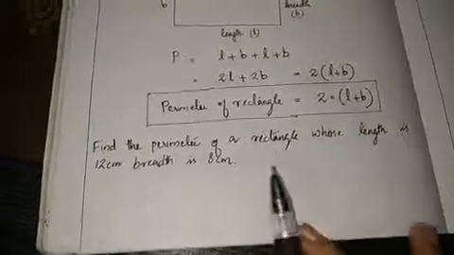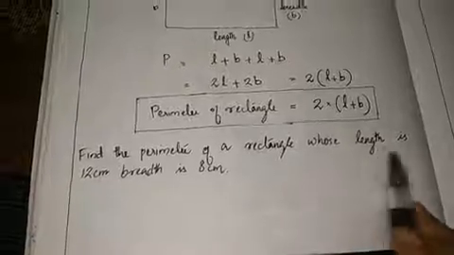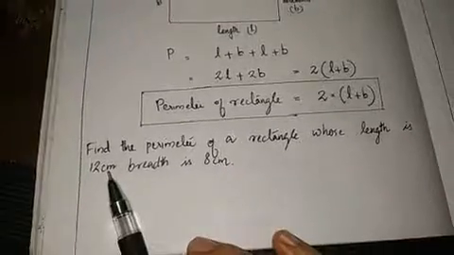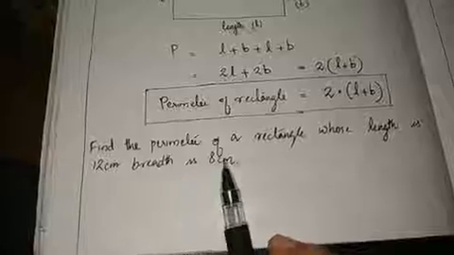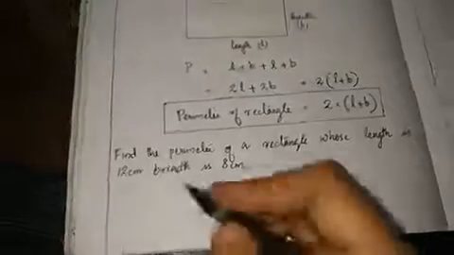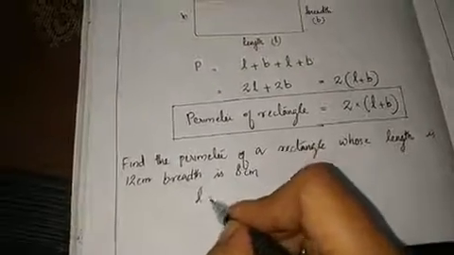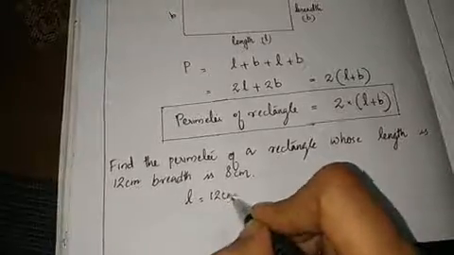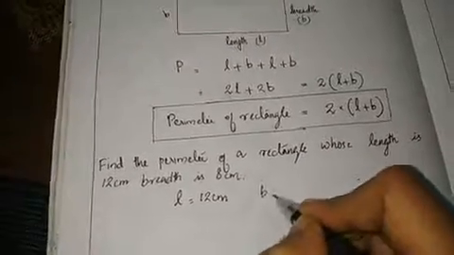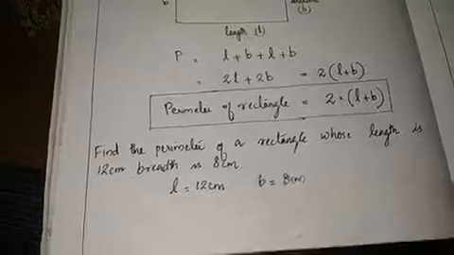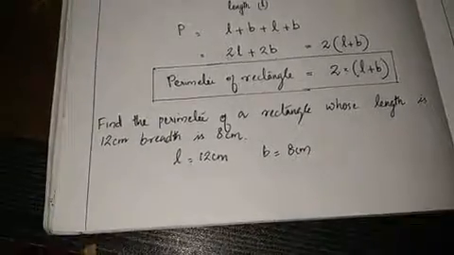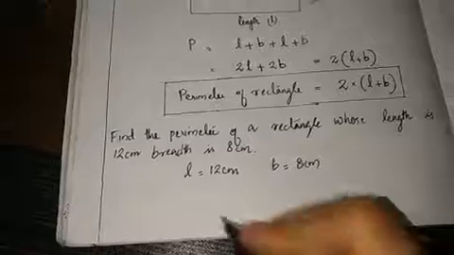Find the perimeter of a rectangle whose length is 12 centimeter, breadth is 8 centimeter. So in the question, length is given 12 centimeter, breadth is given 8 centimeter. Okay, how will we find the perimeter?